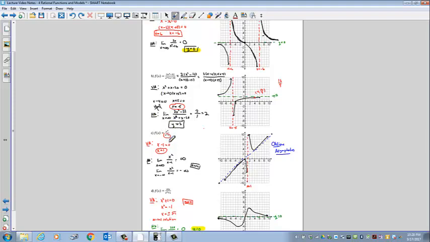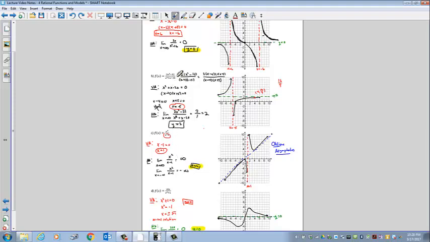So if you look here at C, you'll see the degree on top is bigger than the degree on bottom. So you have an x squared on top and you have an x on bottom. This will mean there will be none. Basically what will happen is the function will blow up or blow down to plus or minus infinity, just depending on the expression. But there will be no horizontal asymptote.